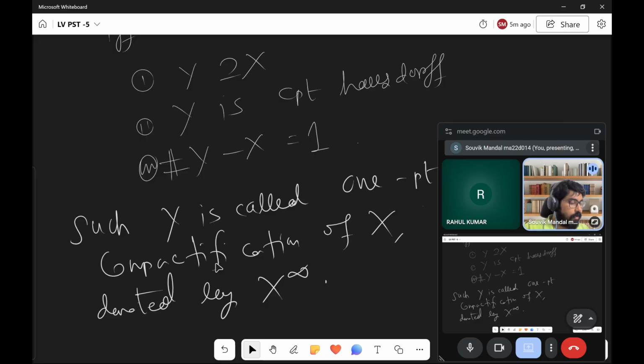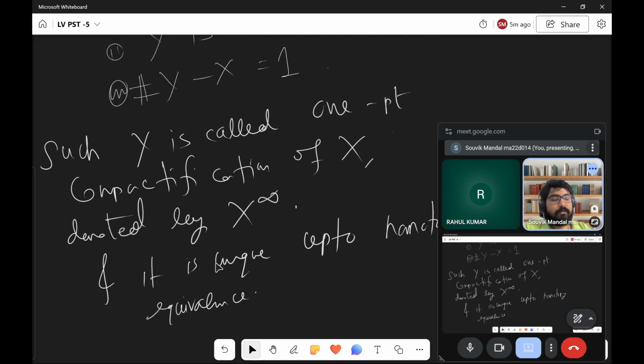Such a space Y is called a one point compactification of X, and it is denoted by X to the power infinity. And it is unique up to homotopy equivalence. Sorry, it is unique up to homeomorphism.